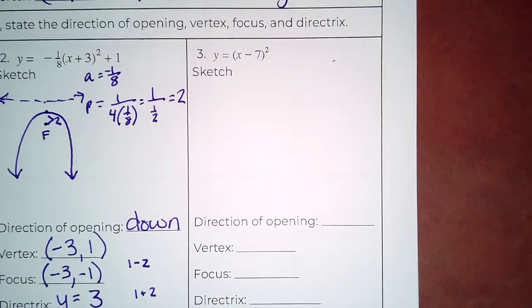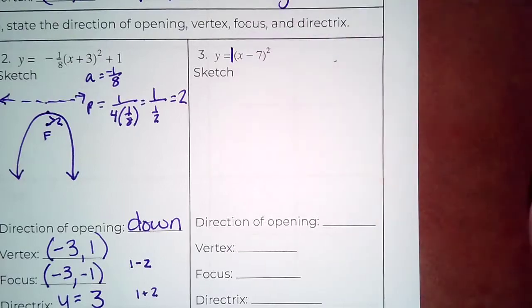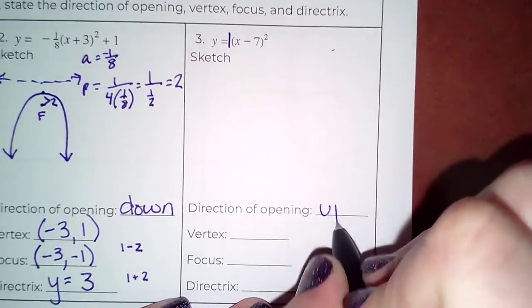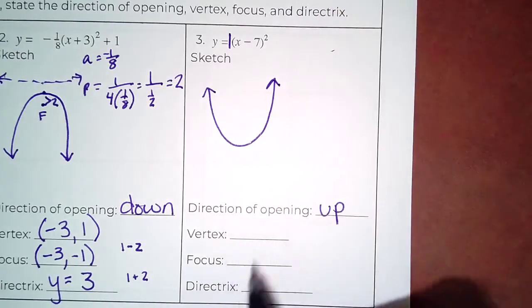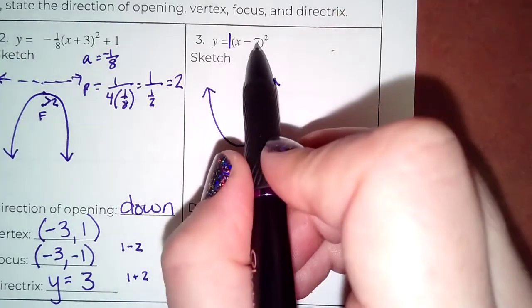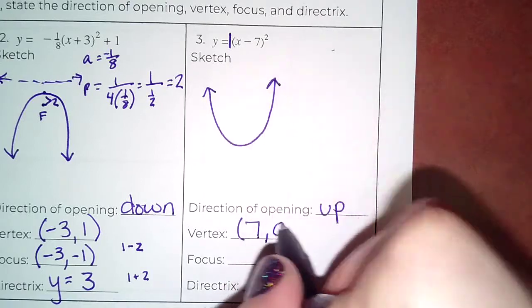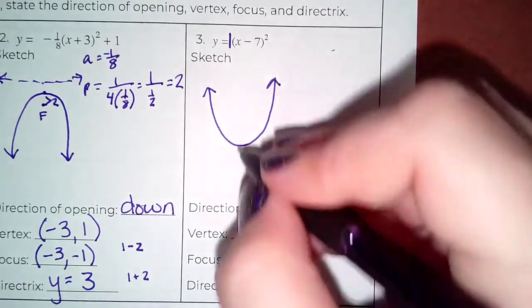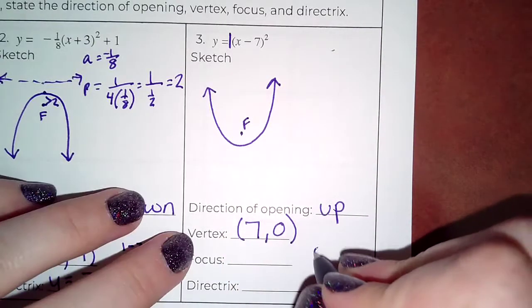Number 3. All right, so what number is a? Well, it's the number in front there, so it's +1, so this is going to open upward. My vertex is opposite of this number I see, so +7. There is no number back here, so 0. My focus needs to be inside, so I'll be adding whatever it is, so 0 plus something.